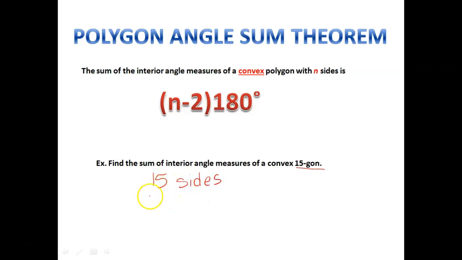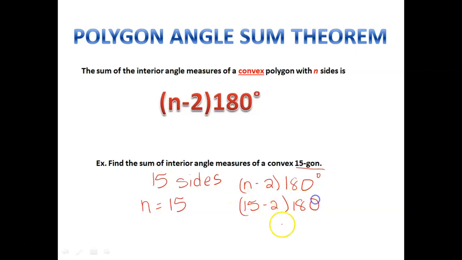If it has 15 sides, then n equals 15. So you just plug it into this formula. n minus 2 times 180 degrees. n is 15. 15 minus 2 times 180. 13 times 180. And 13 times 180 is 2,340.